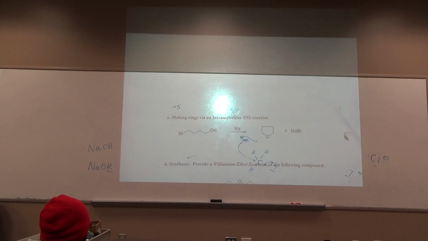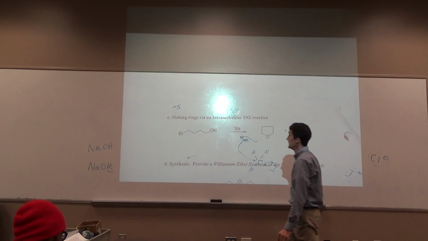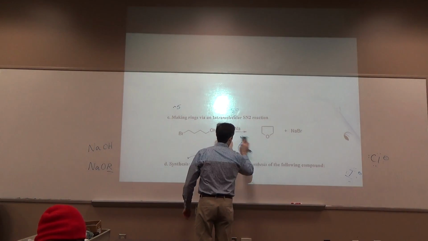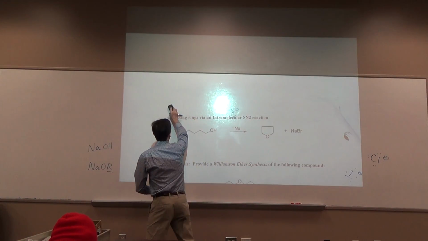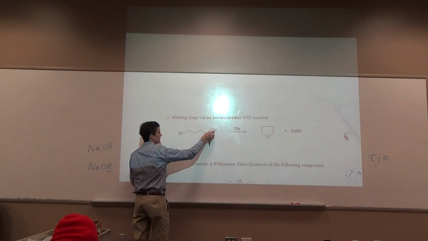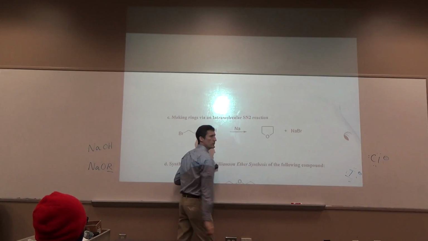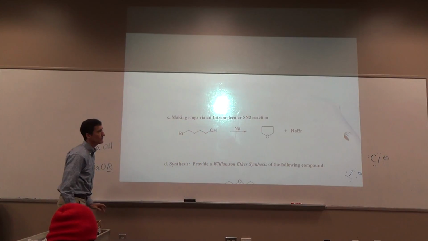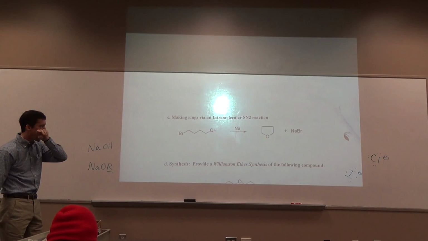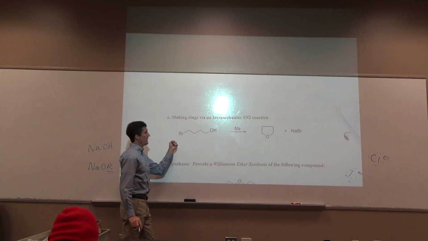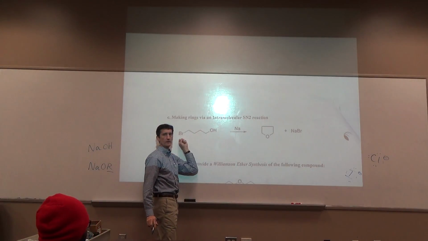You can make rings like this. You take this starting material here, treat it with sodium metal, you get this plus sodium bromide. What is sodium going to do to this?